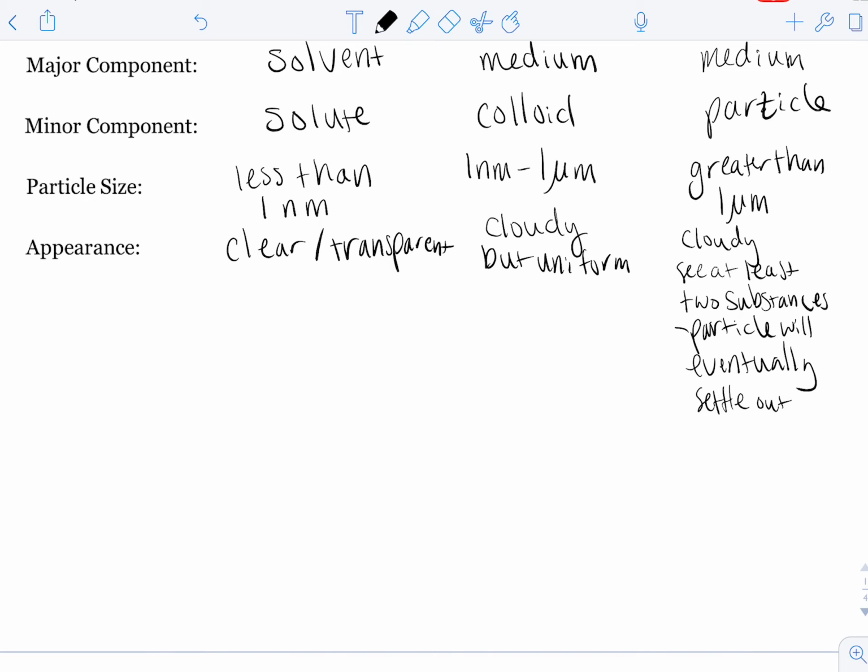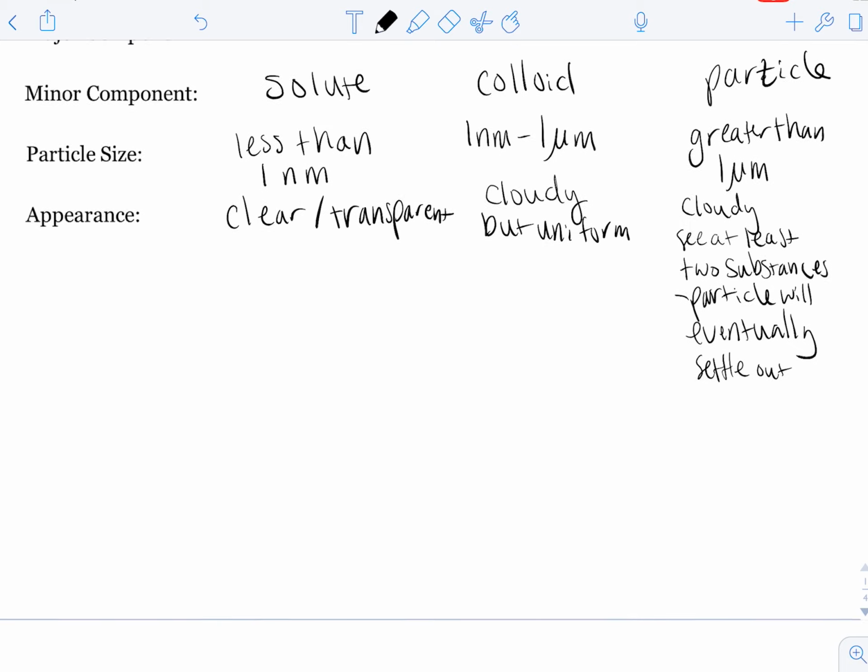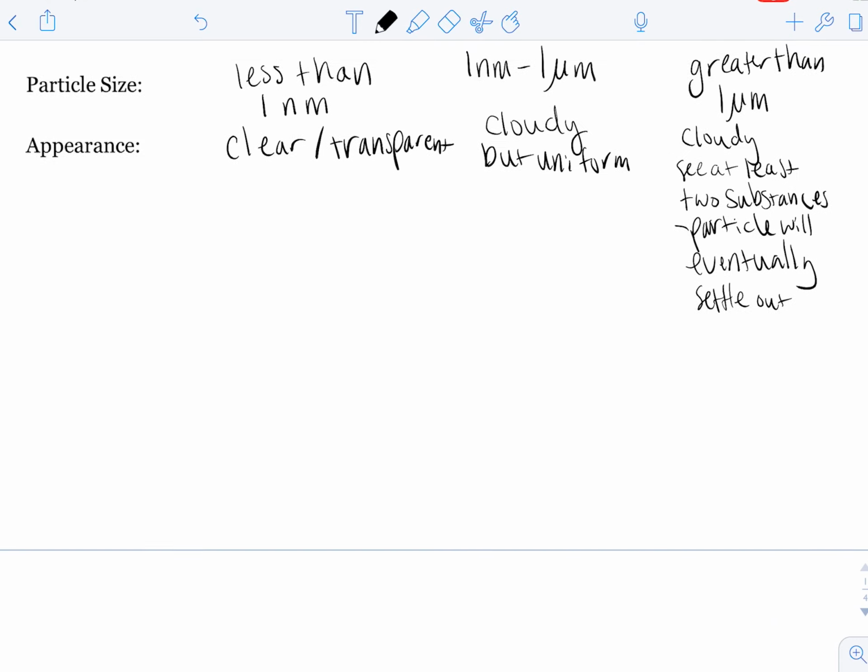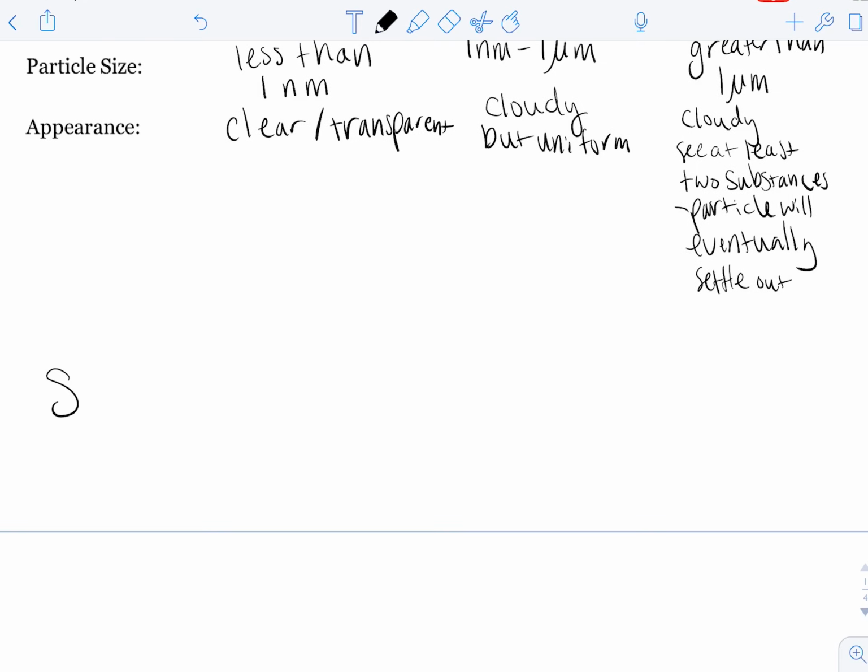We are going to focus mostly on solutions. So, real quick, look at a solution. Solutions are going to have a constant composition. Okay.